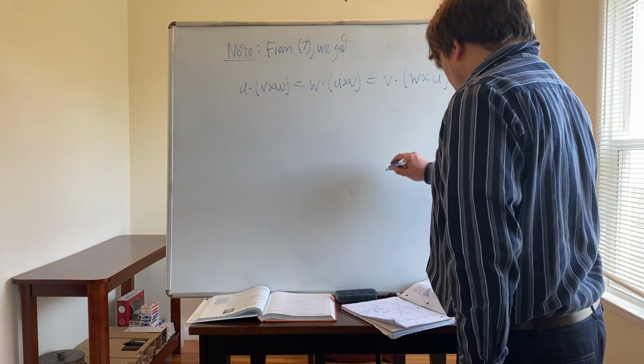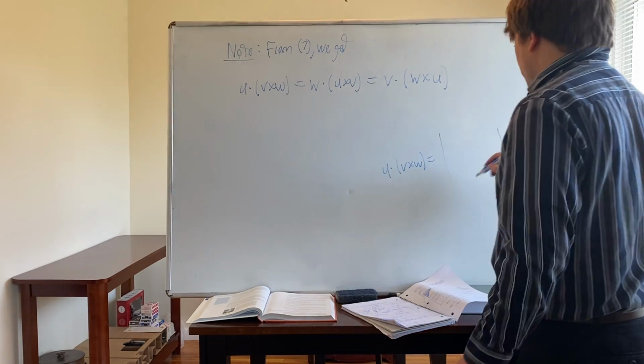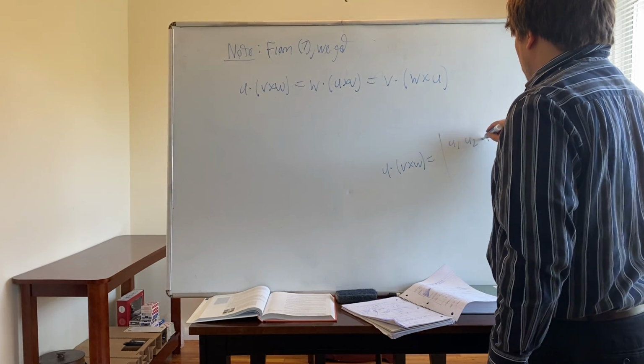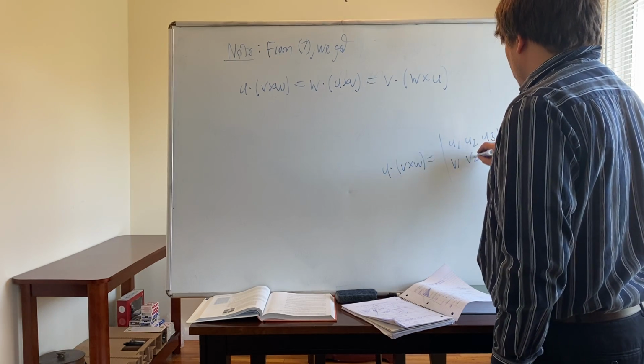I'll remind you what 7 was. 7 was u dot v cross w is equal to that determinant. It was how to calculate the scalar triple product.